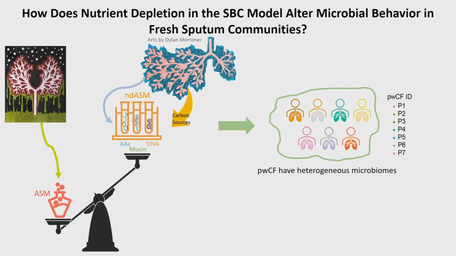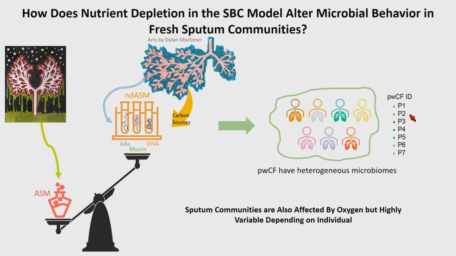But how can this nutrient depletion in a synthetic bacterial community mimic what happens in fresh sputum communities? Well, we got 7 different fresh sputum samples from 7 different patients with cystic fibrosis. And we already know that the microbiome in patients with cystic fibrosis is very heterogeneous. It's important to say here that our P1 is a community dominated by Pseudomonas aeruginosa.